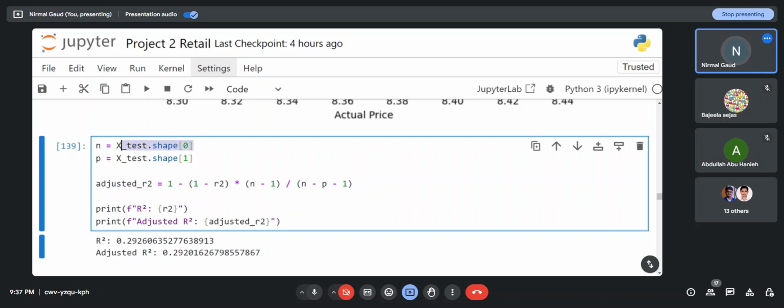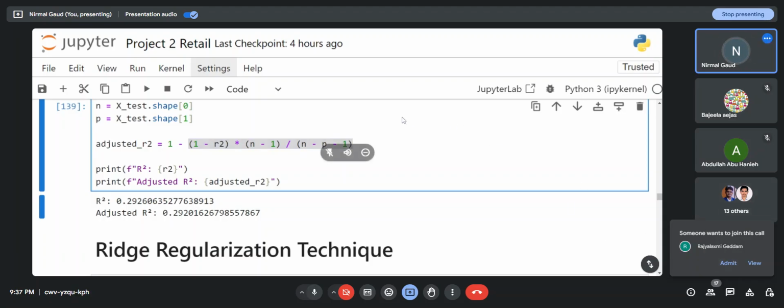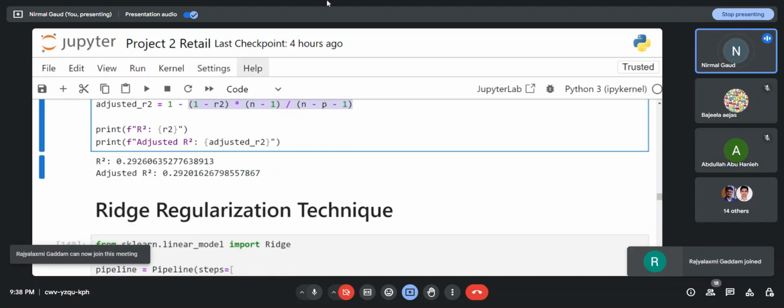Shape 0 means rows, shape 1 means columns. The adjusted R2 formula is 1 minus (1 minus R2) times (n minus 1) divided by (n minus p minus 1). And we calculated adjusted R2 also.